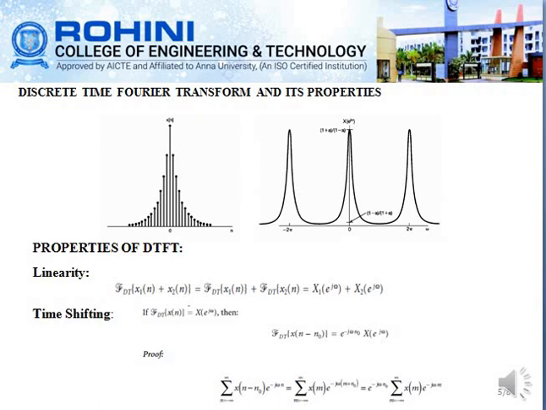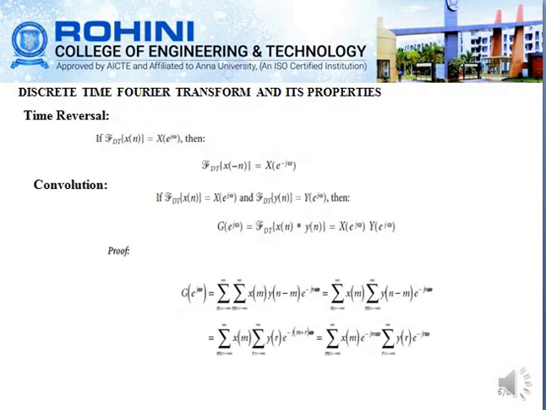So e^(-jωn0) summation m equal to minus infinity to infinity x(m) e^(-jωm), that is equal to e^(-jωn0) times X(e^jω). Time reversal: the Fourier transformation of x(-n) is X(e^(-jω)).